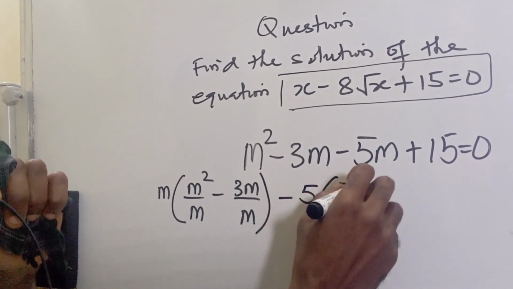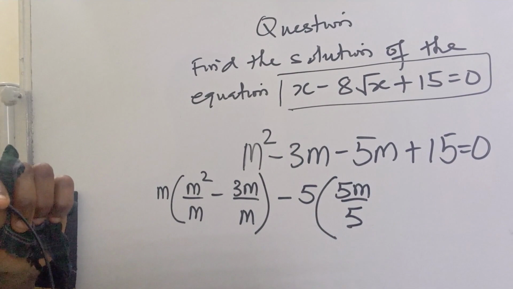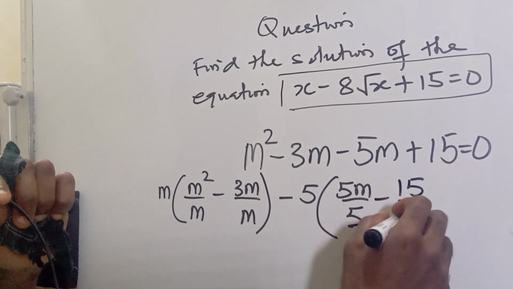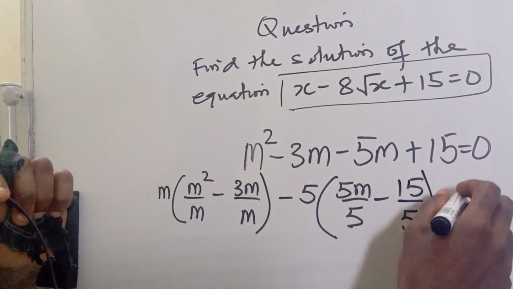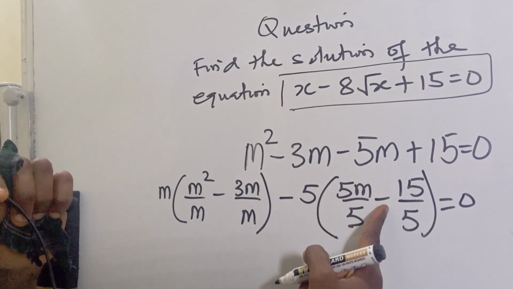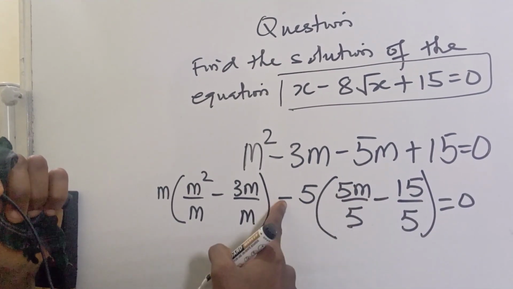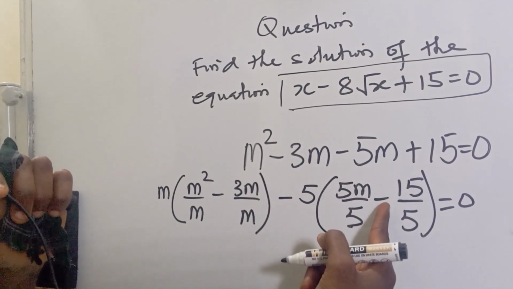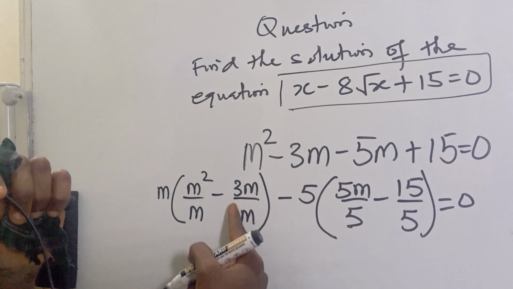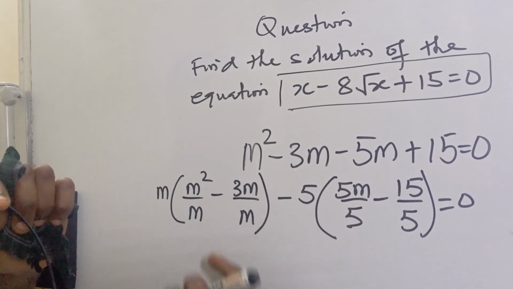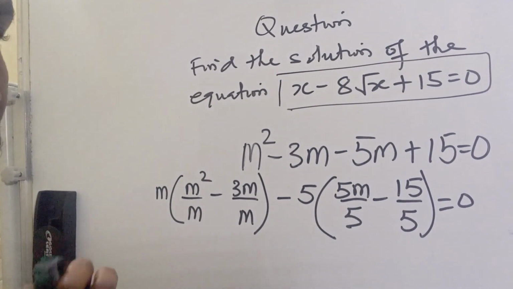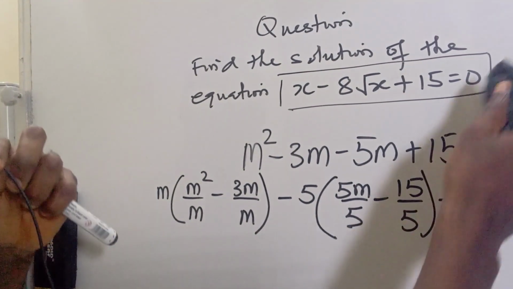So I'm going to divide this by minus 5, so 15 divided by minus 5 equals minus 3. Now the plus I change to minus. Why? Because minus times minus will give us plus. And the signs here have to be the same when you are doing this process. Okay, so from this step, let's now go further.